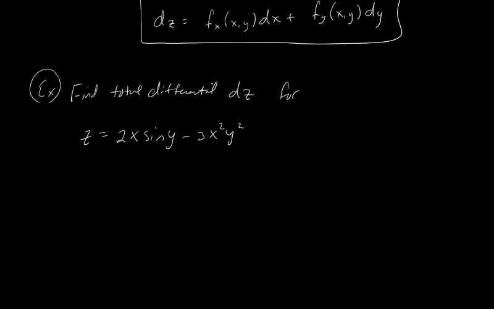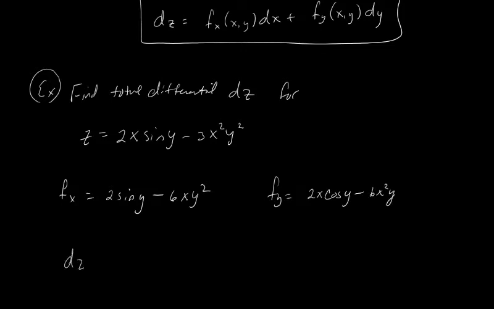All right, so we are first going to have to find the partial derivative with respect to x and then the partial derivative with respect to y. So my partial here is going to be 2 sine y minus 6xy squared. That's the partial with respect to x. And the partial with respect to y is going to be 2x cosine of y minus 6x squared y.